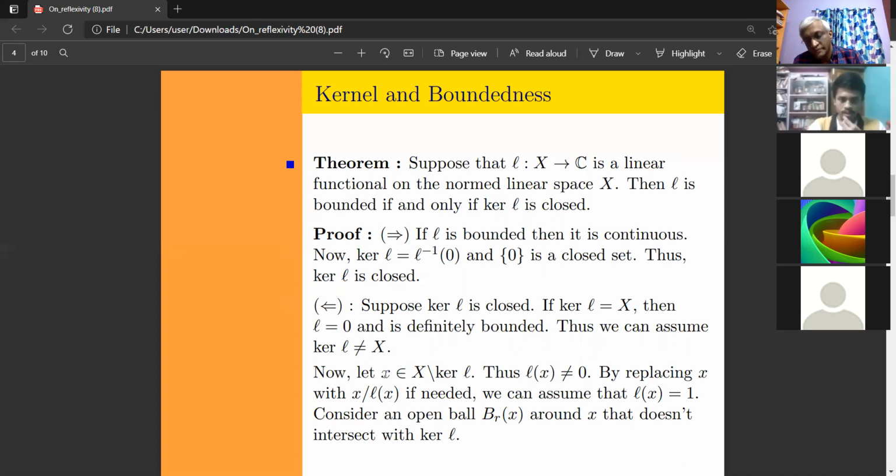So we can assume that the kernel is not the whole of H. Let h be a point outside kernel L. Then L of h is not zero. We can replace h by h divided by L of h if needed, and assume that L of h is equal to 1. Since the kernel is closed, we can find an open ball around h that doesn't intersect the kernel.